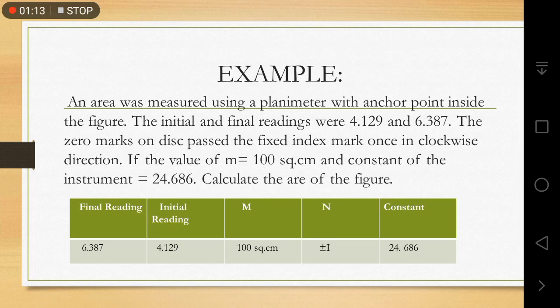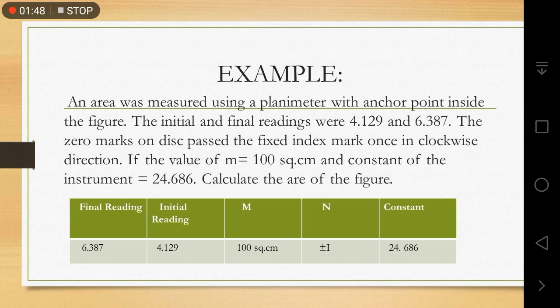So inside, ato ang pangitahon ang area with the anchor point inside the figure. The initial and final readings were 4.129 and 6.387. The zero mark on the dial passes the fixed index mark once in the clockwise direction. If the value of M is 100 square centimeters and the constant of the instrument is 24.686, calculate the area of the figure.